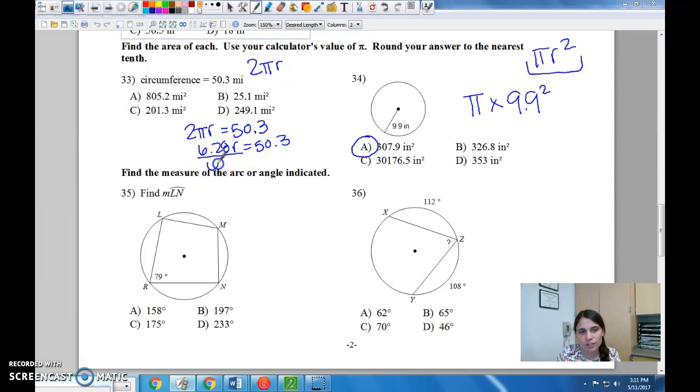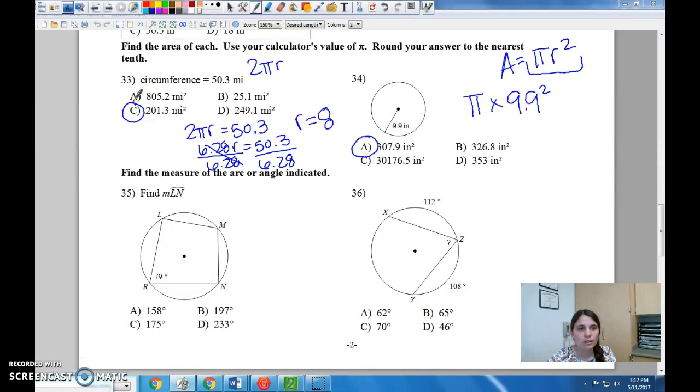Then I can divide each side by 6.28 to figure out what the radius is. 50.3 divided by 6.28 is about 8, so my radius is about 8. Now I can plug that into my area formula. 8 squared is 64 times pi comes out to about 201.3.